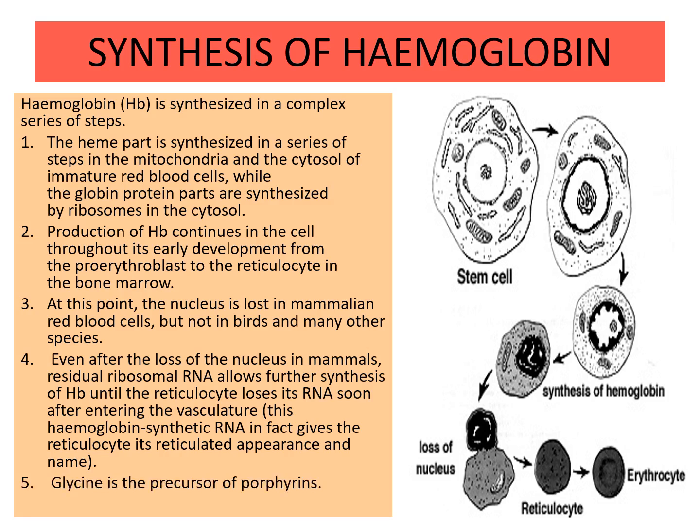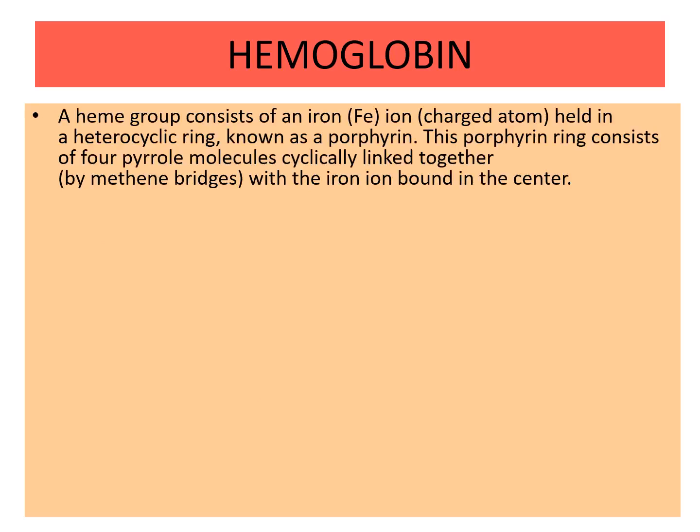The glycine is the precursor of porphyrins. Very important. A heme group consists of an iron held in a heterocycle ring known as porphyrin.